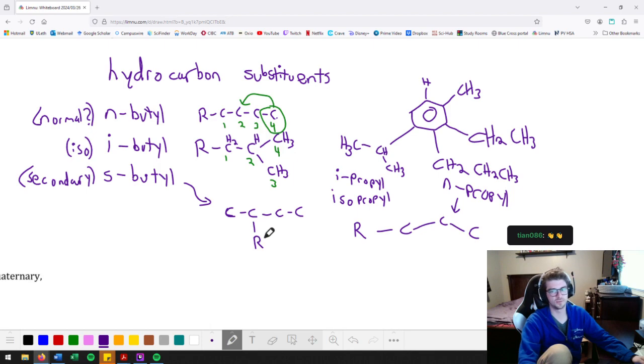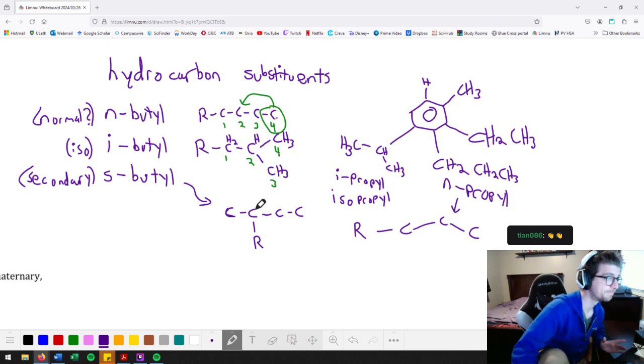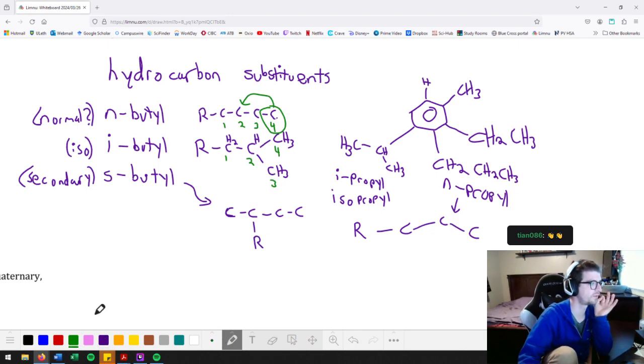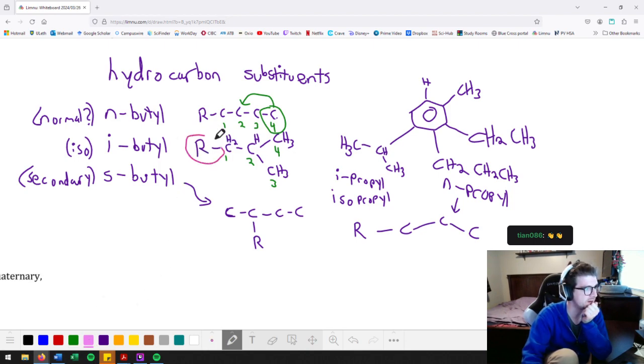So whatever you're connecting it to is connected to the second carbon of this 4-carbon chain, and then there's 1 carbon off to one side and a 2-carbon chain off to the other side. So a way to think about this one is, if you take the R group instead of one of the carbons, and you move that over to carbon 2.